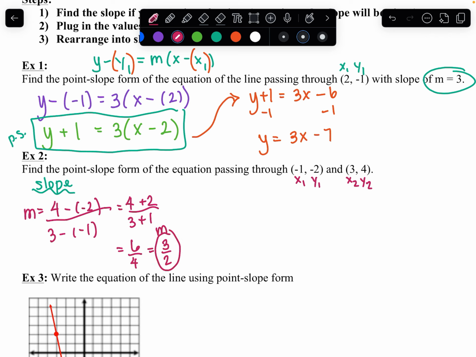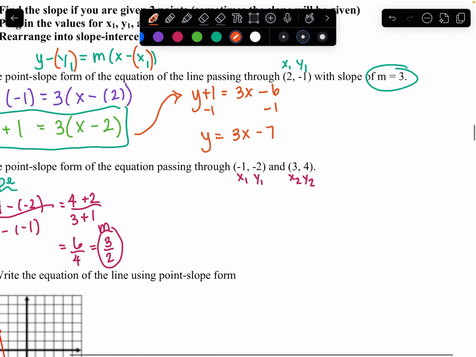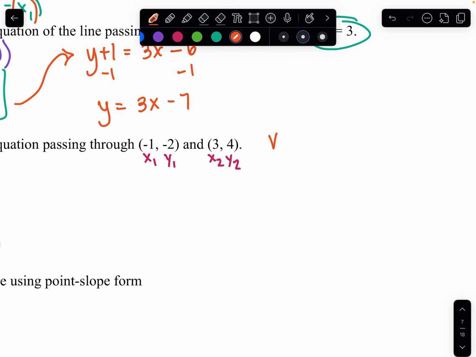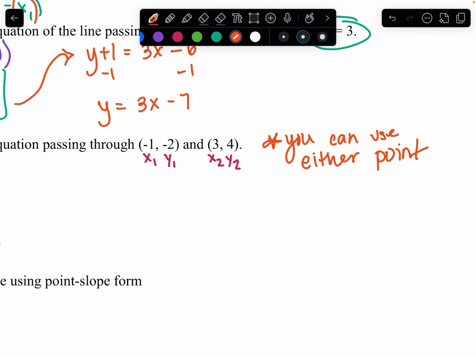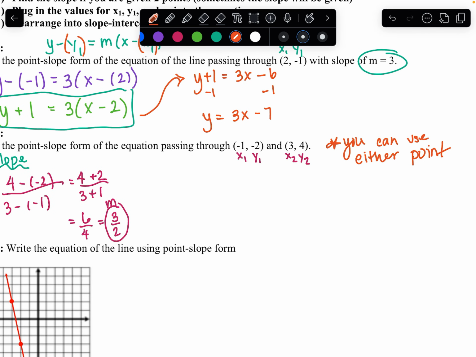Now, you can use either point for point slope. I'm just going to use my first point just because I've already labeled it.